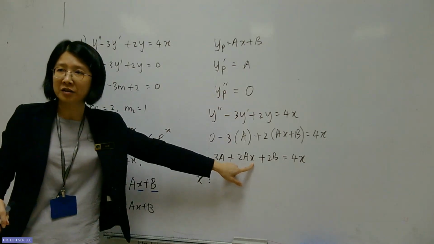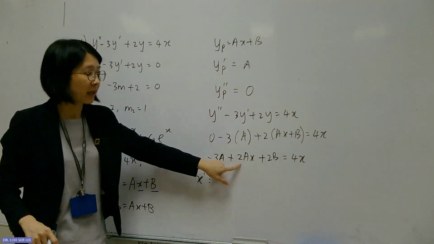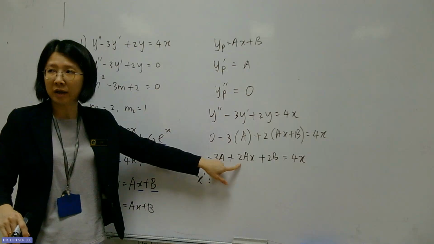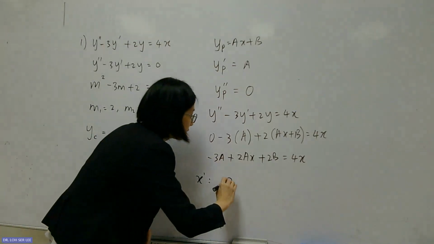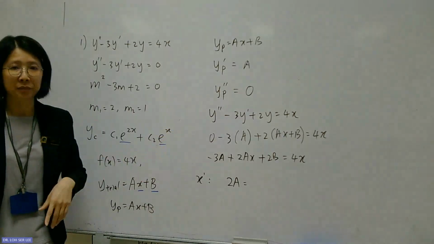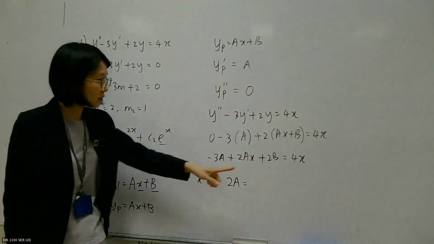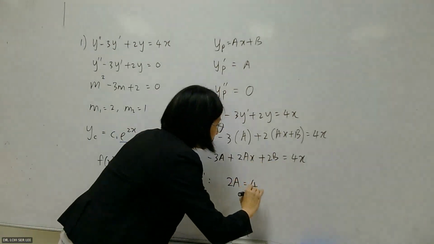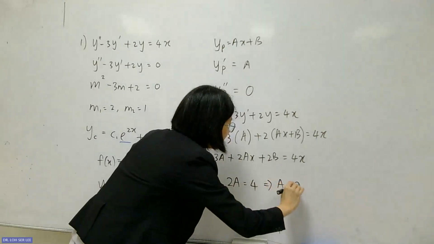Then the coefficient function is 2a. And on the right hand side, what do you have? 4, right? Then your a is 2.